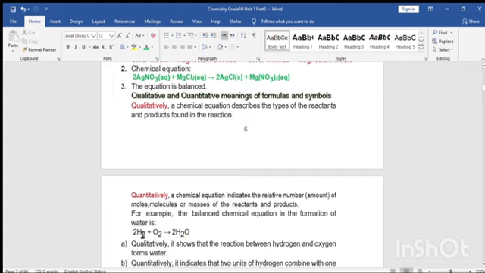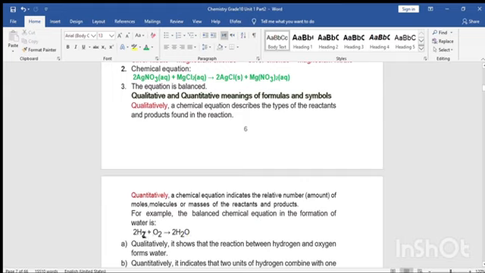Quantitatively, we can determine 2 moles of hydrogen molecule, 1 mole of oxygen molecule, 2 moles of water. That means 2 moles of hydrogen molecule react with 1 mole of oxygen molecule to form 2 moles of water. Therefore, this is the quantitative aspect.